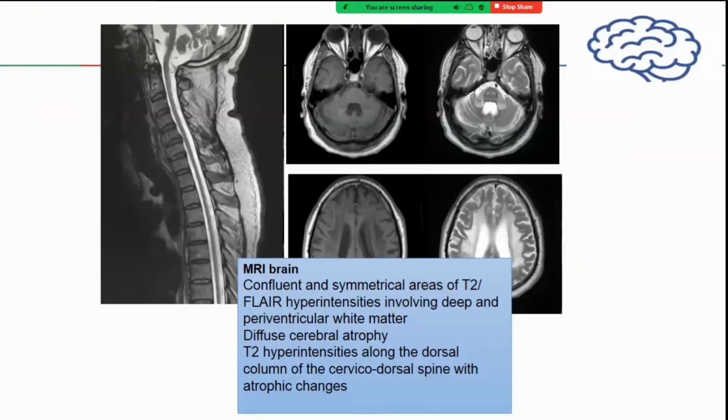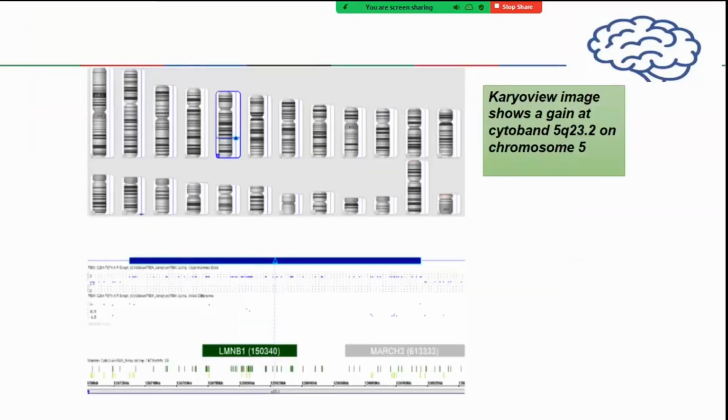When we read up about this, it is actually caused by a duplication in a particular region of chromosome 5. At that time, the NGS reports were not reporting copy number variations. Now they are reporting copy number variations also. So if we had done exome sequencing, we would have missed it.